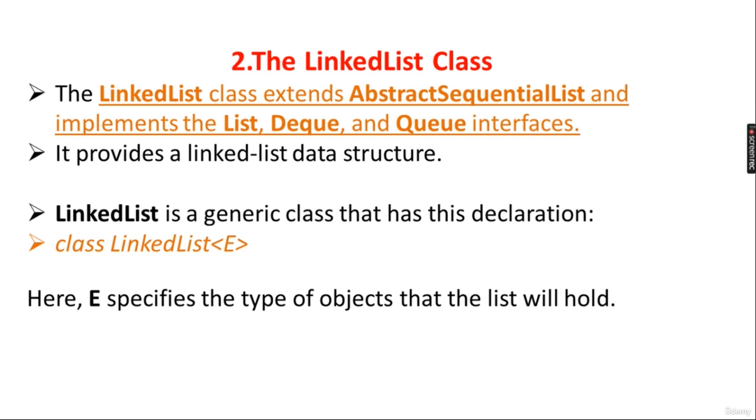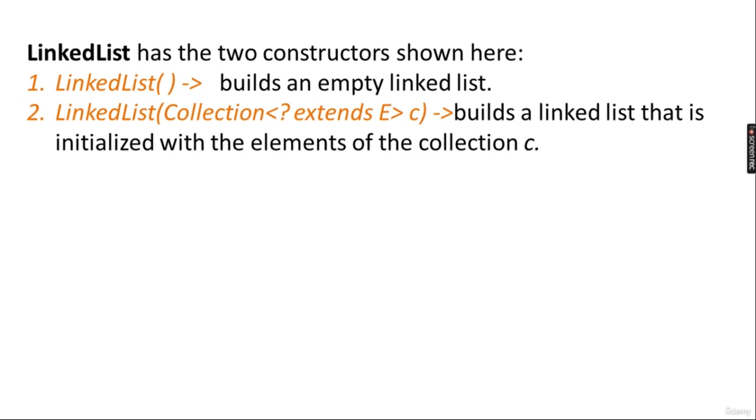LinkedList is a generic class, LinkedList<E>, where E specifies the type of object that the linked list will hold. There are two constructors: the default constructor builds an empty linked list, and LinkedList(Collection c) builds a linked list that is initialized with the elements of the collection c.